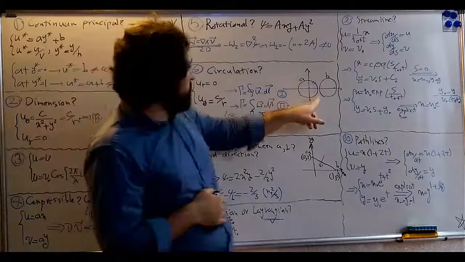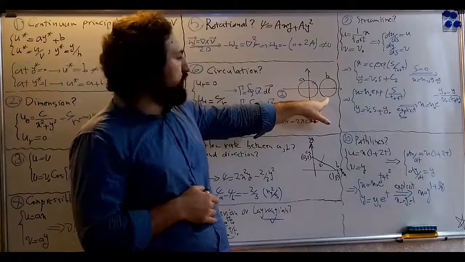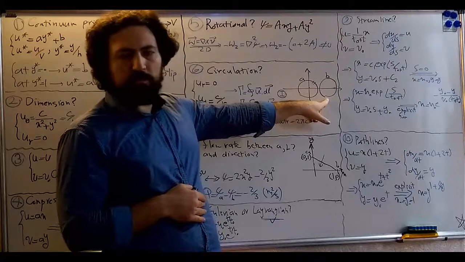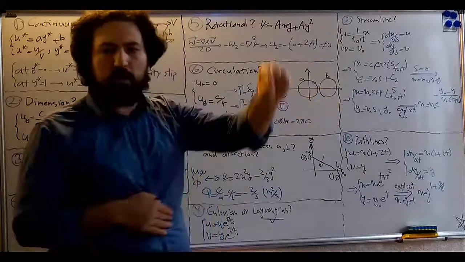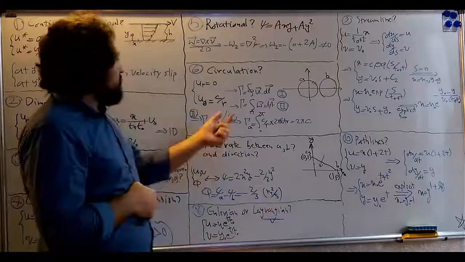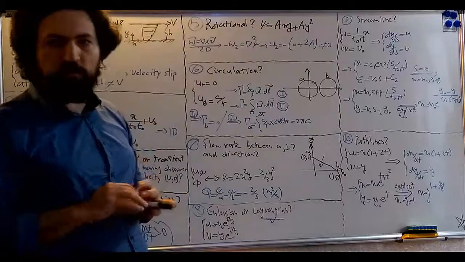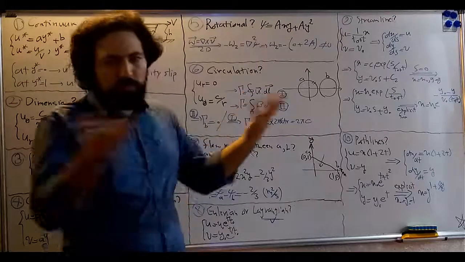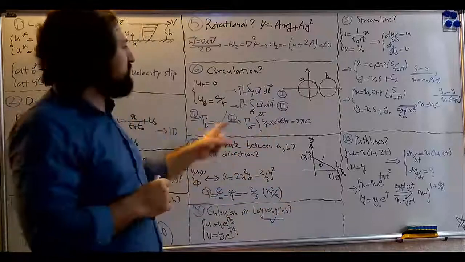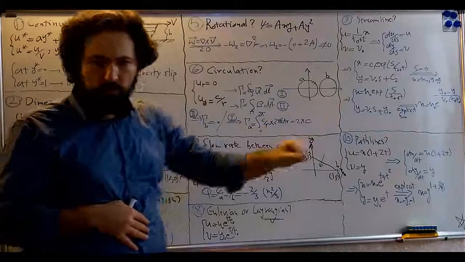So for the curve B, because this curve does not contain the singular point, vorticity in all points inside the curve is 0. So using the second formula, which is a double integral over area, vorticity is 0, so the integral of 0 is 0, and the circulation along this contour is 0.